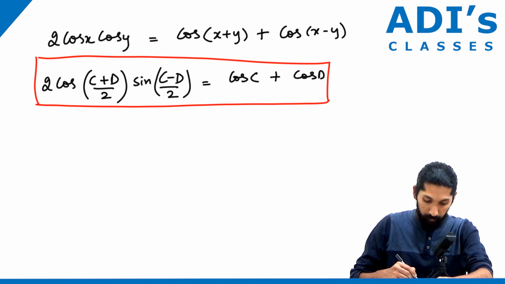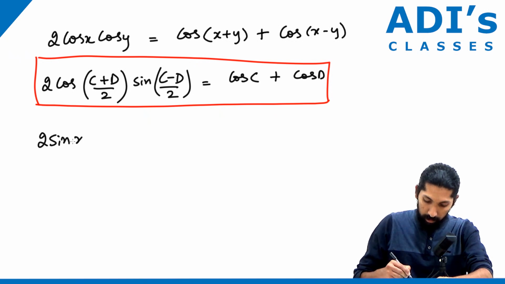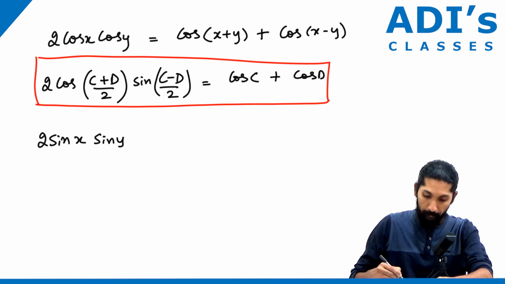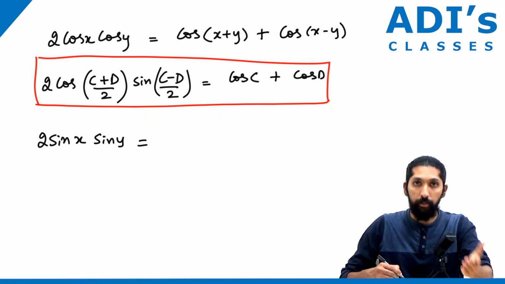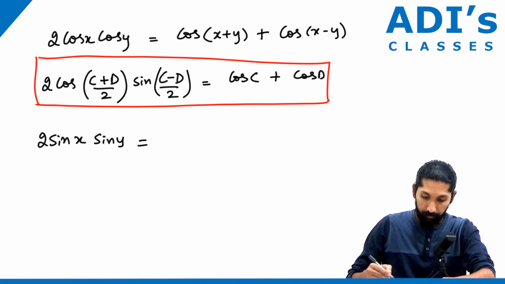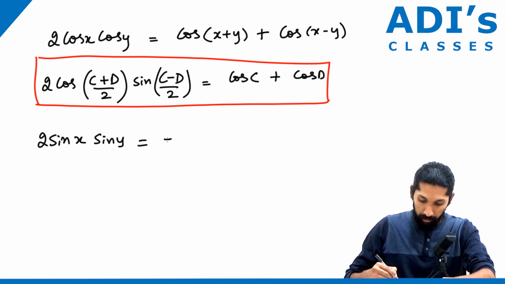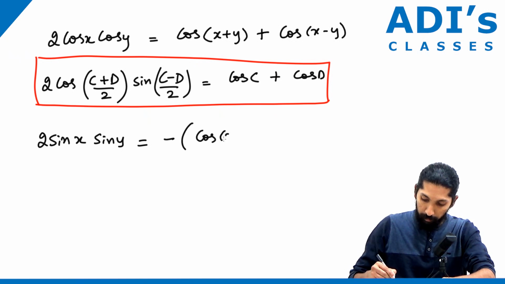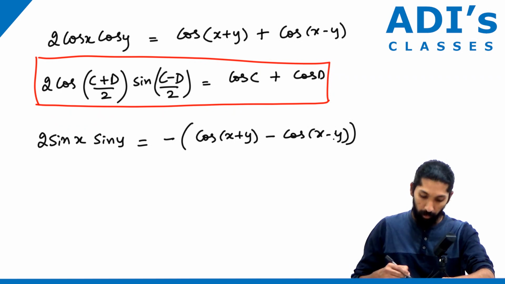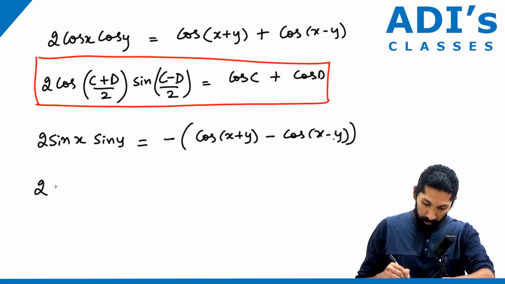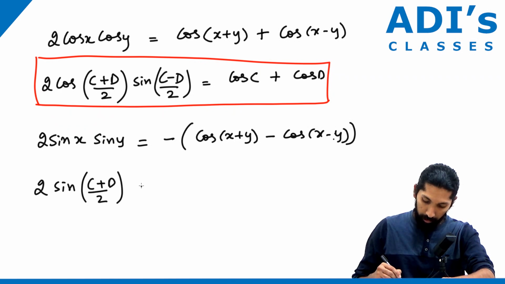Now the last one: 2 sin x into sin y. If you remember, we had a negative sign outside, correct? Or if you are not going to take the negative sign outside, that's also fine. So this was minus cos of x plus y minus cos of x minus y, or this is going to be 2 sine (c plus d) by 2 into sine (c minus d) by 2.